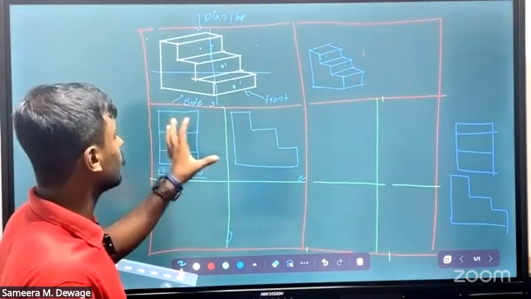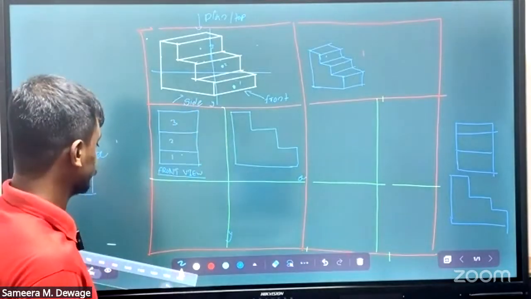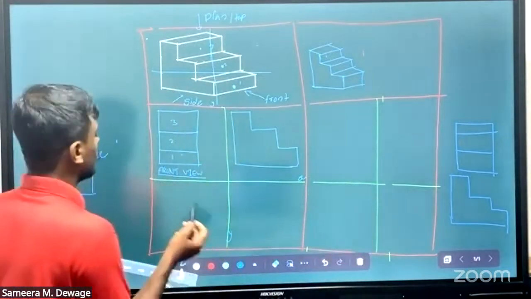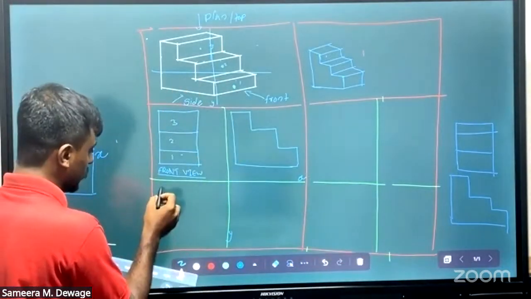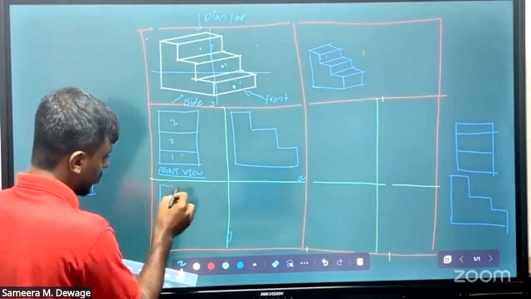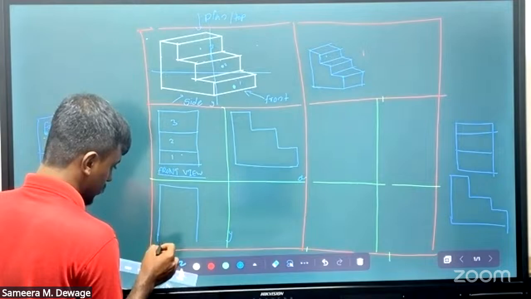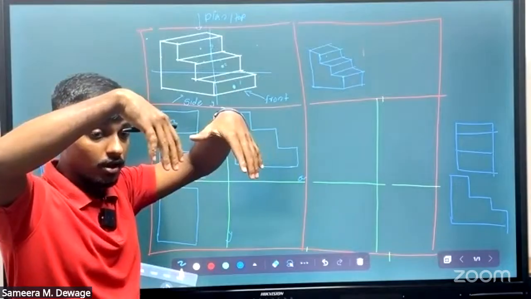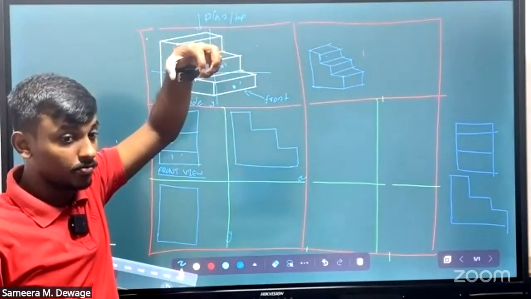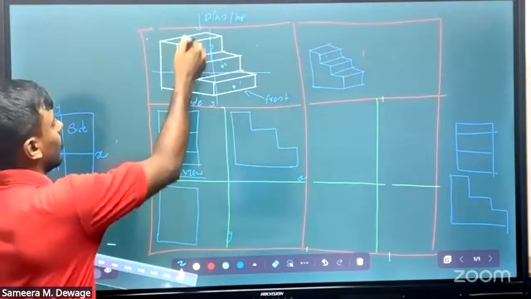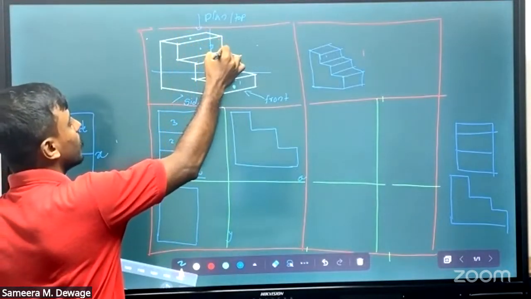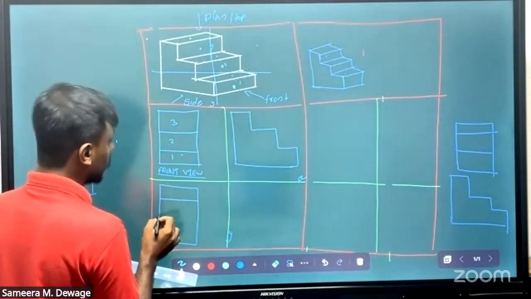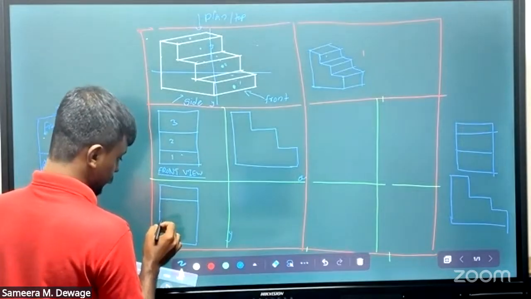So our plan view should be like this. If you look at the object from above, you can only see this part and this part.